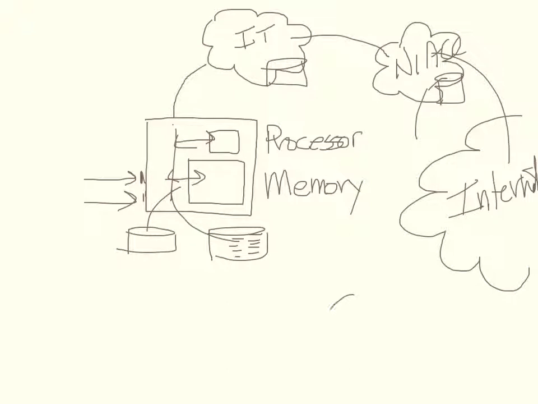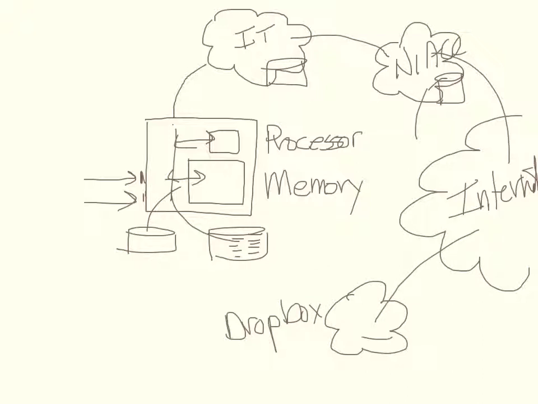So, here's another example. I use something known as Dropbox as another place we can send things. And they have hard disk storage space in which they can keep your items, separate from the rest of the world.